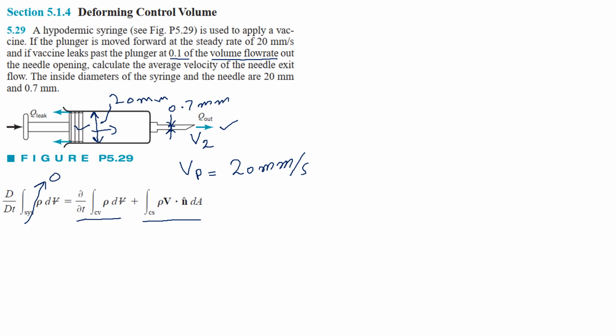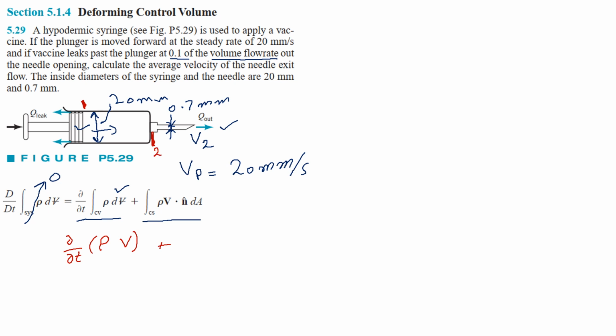I will integrate it for this changing volume and see what I get. So I will get partial over partial t of rho and v, plus there are two control surfaces, one is here and one is here, at the exit of this nozzle, so you can take it somewhere here.